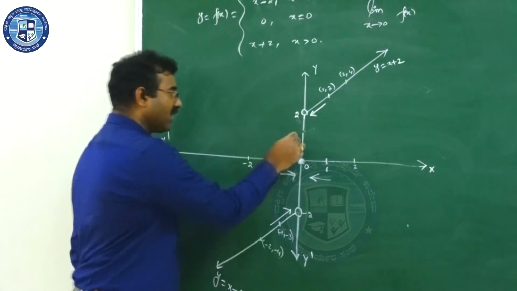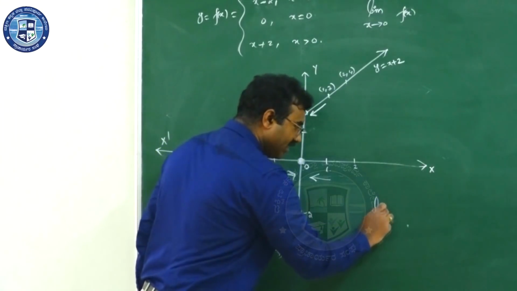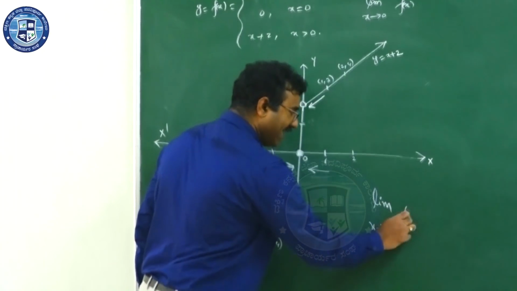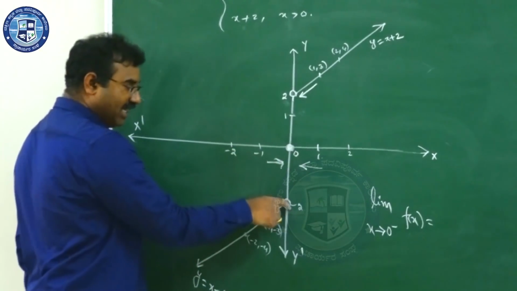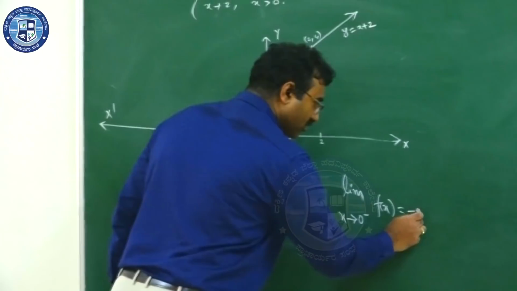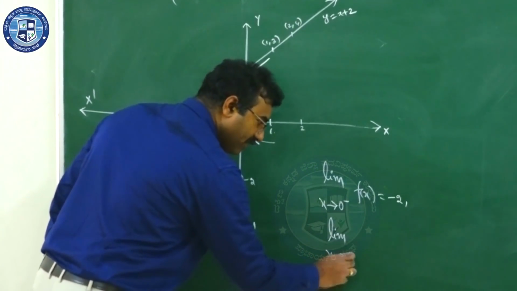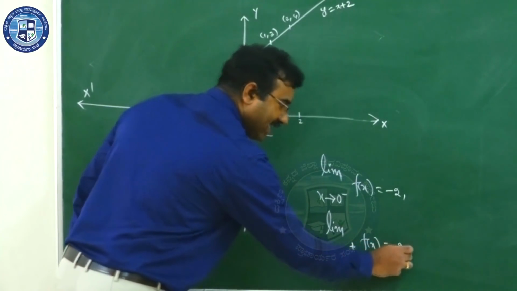How do we write now? Limit as x tends to 0 from the left hand side, f(x) is coming close to minus 2. And limit as x tends to 0 from the right side, f(x), you are getting plus 2.